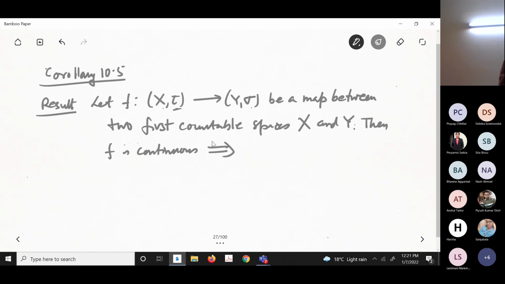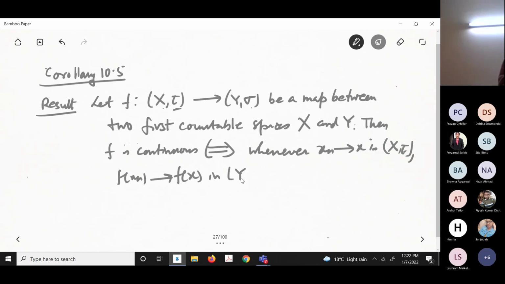if and only if whenever x_n goes to x in (X, tau), f(x_n) goes to f(x) in (Y, sigma). That is the sequential characterization.